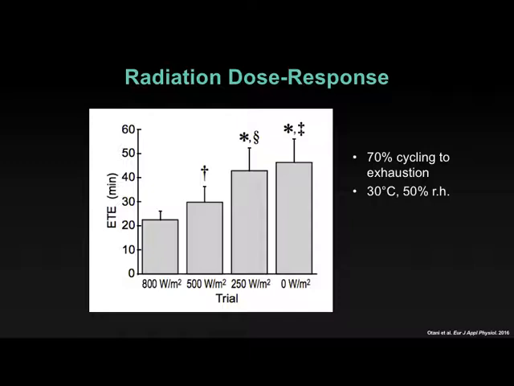No radiation, you go about 45 minutes in the heat. 800 watts per meter squared, which is below the peak that we saw on that last slide. It's cut in half, 22-ish minutes to voluntary exhaustion. So solar radiation, here we're only changing solar radiation. It can have a fairly large impact on our ability to perform, to do work.